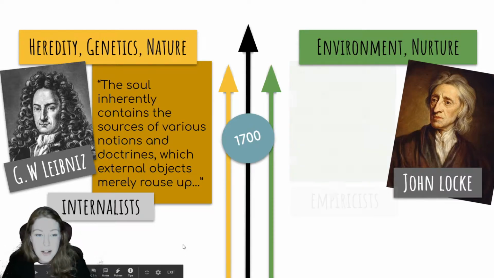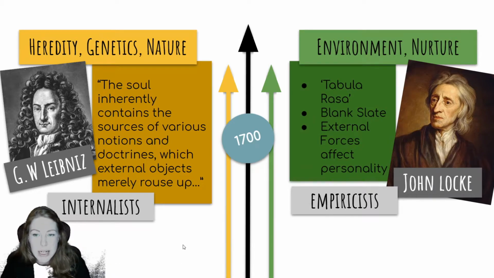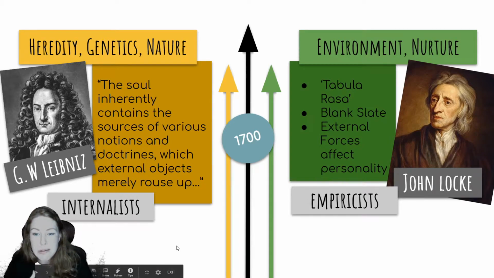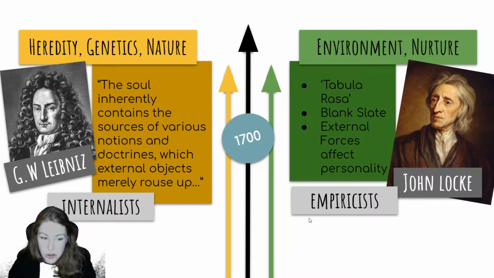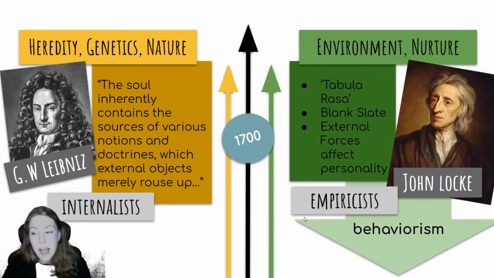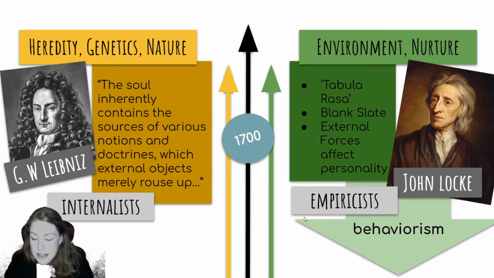And he talks about the tabula rasa, blank slate theory, meaning that we come with absolutely nothing and all the external forces affect our personality and behaviors. This school of thought is called the empiricist, and this eventually leads to what is known as behaviorism in developmental theory. So let's continue on with behaviorism.